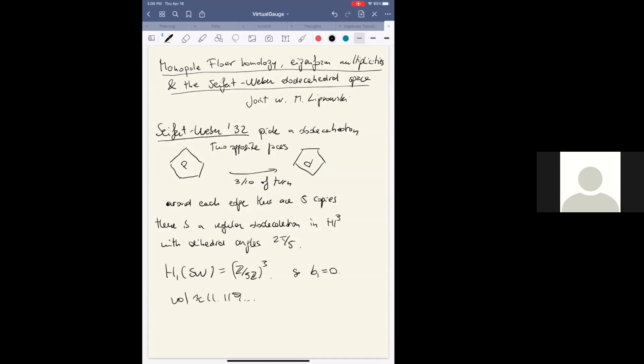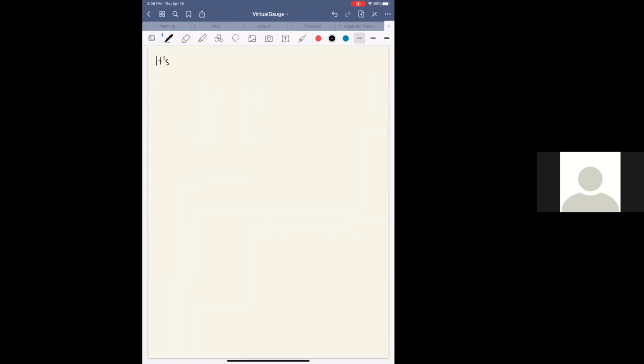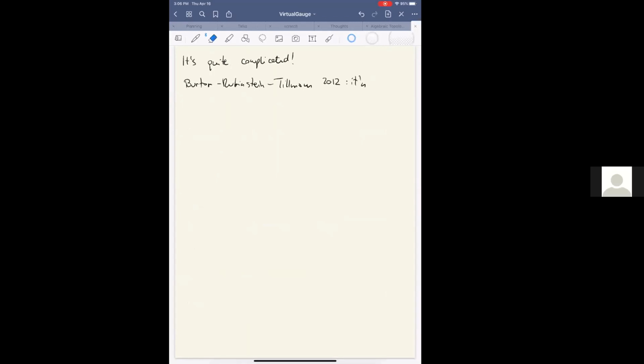It was one of the first spaces ever discovered, but it turns out to be somehow complicated. So let me just mention, for example, Burton, Rubinstein, and Tillmann in 2012 showed that it's not Haken, so there are no incompressible surfaces inside.